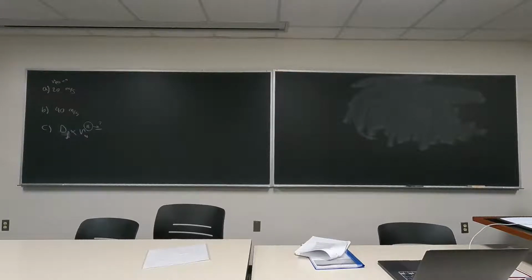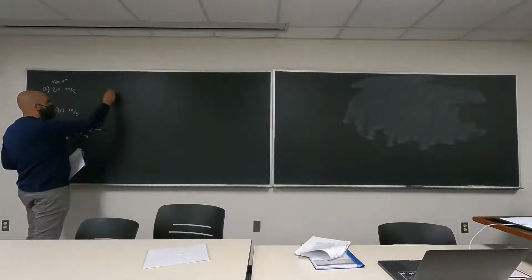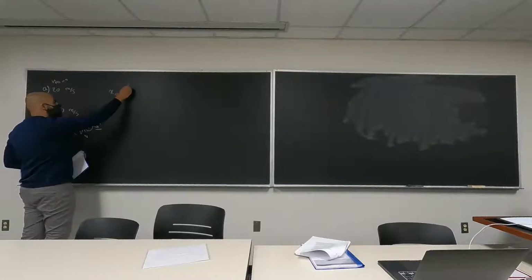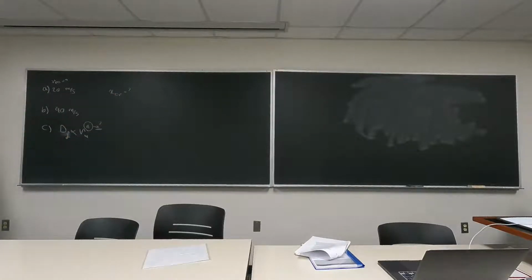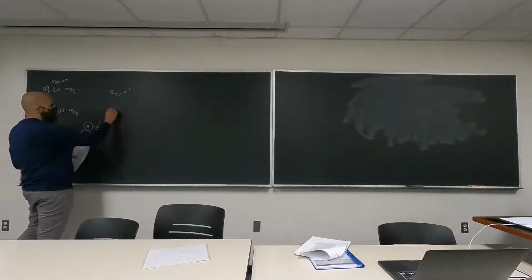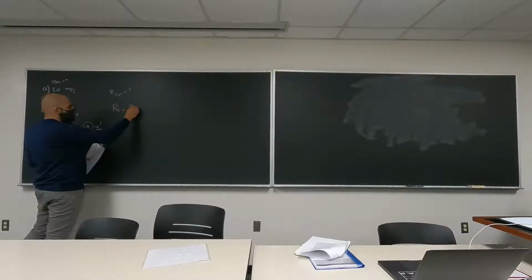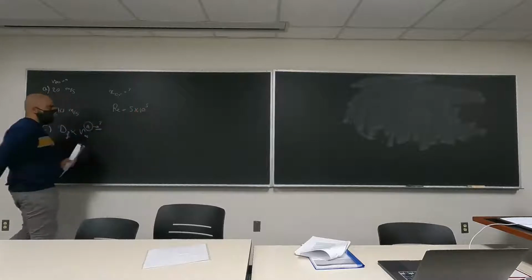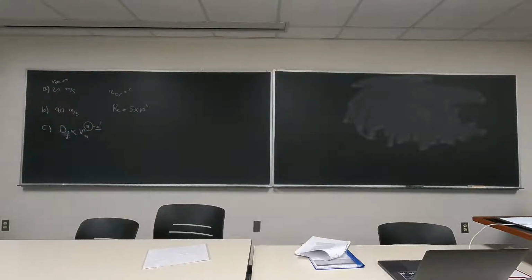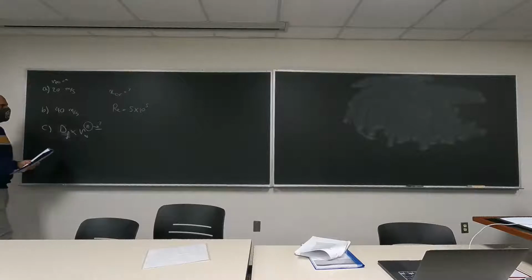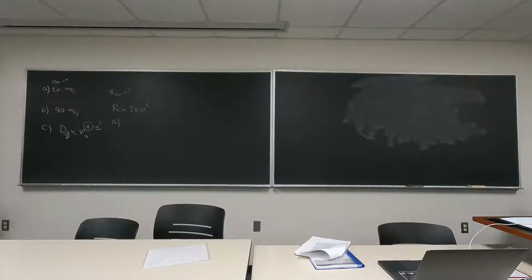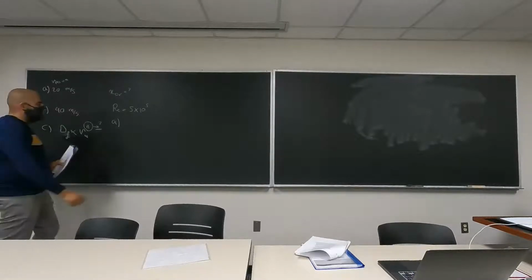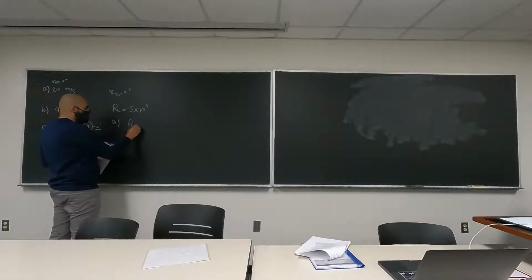where does the transition start? So you essentially want to find the critical length. How do we calculate the critical length? We essentially use the transition Reynolds number, 5 times 10 to the power 5. So for part A, you want to calculate the critical Reynolds number, your critical length.